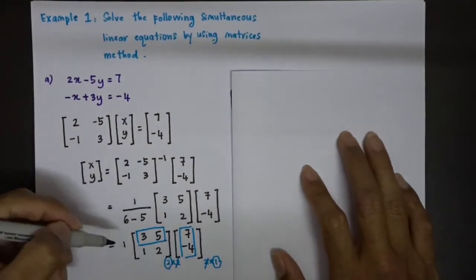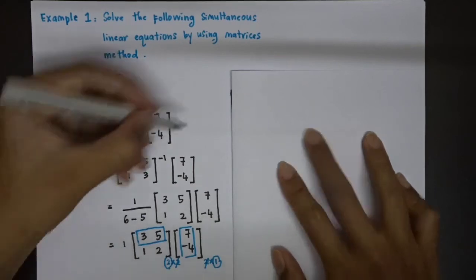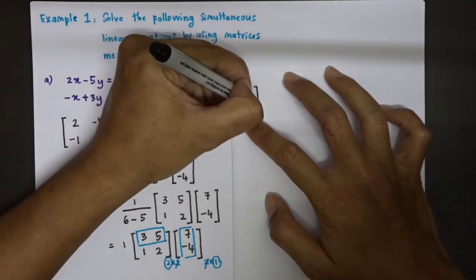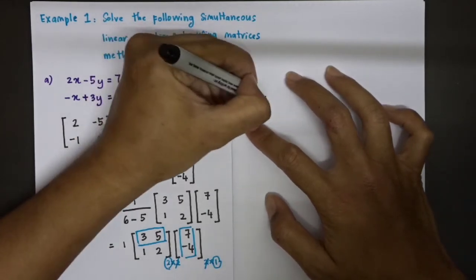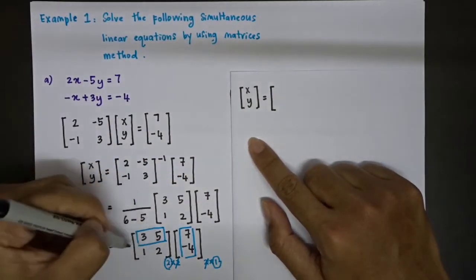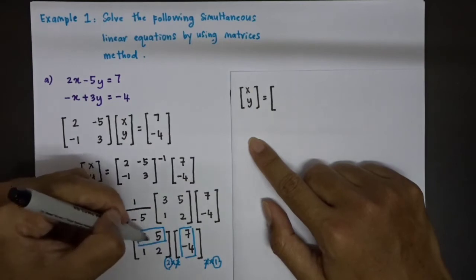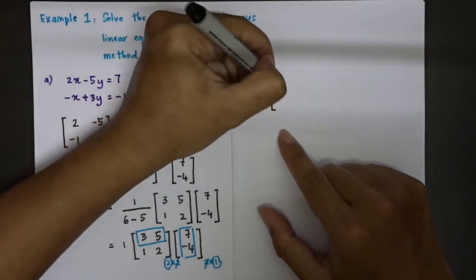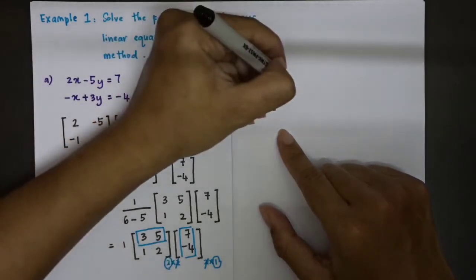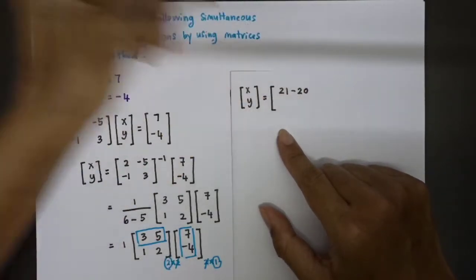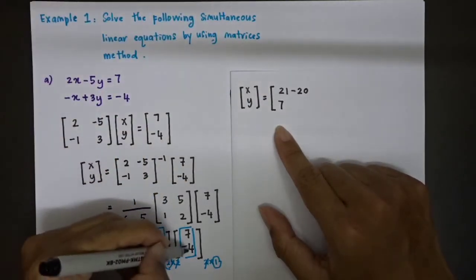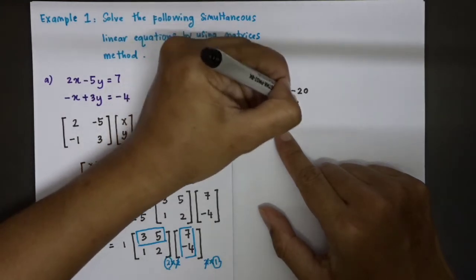So you have x, y equal to 1 multiplied by the matrix, and you will get the matrix itself. So 3 multiply 7 equals 21 plus 5 multiply negative 4, negative 20. Then 1 multiply 7, 7, plus 2 multiply negative 4 equals negative 8.